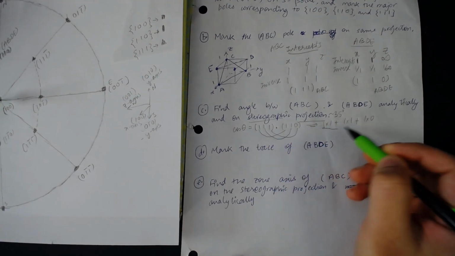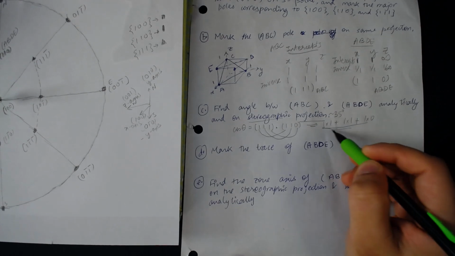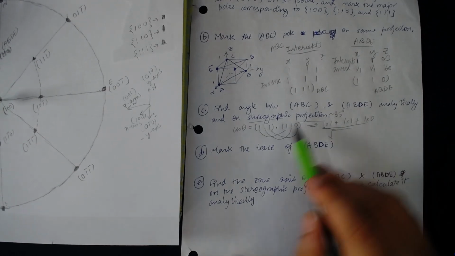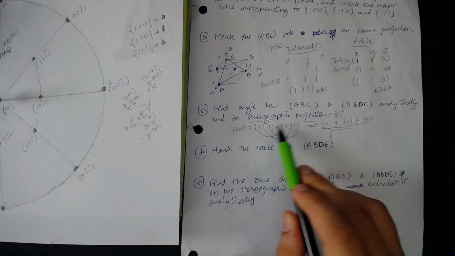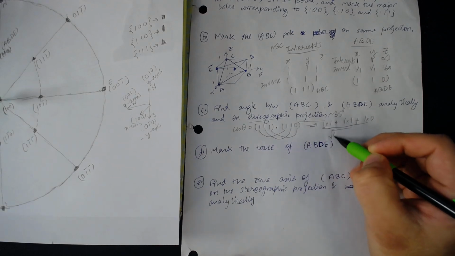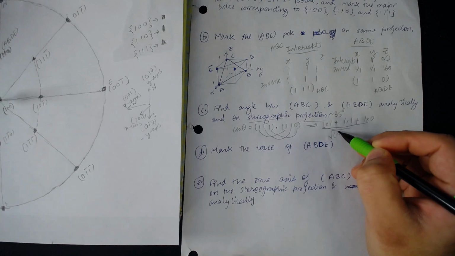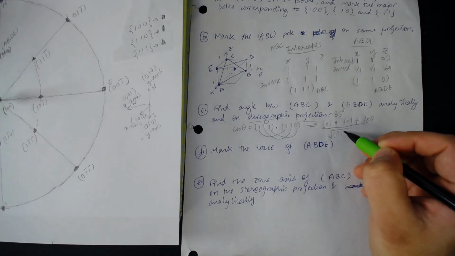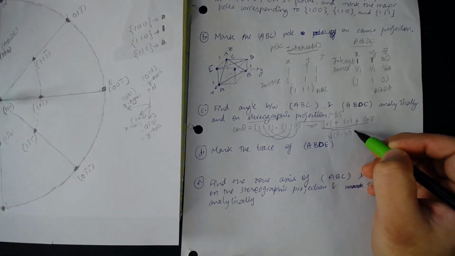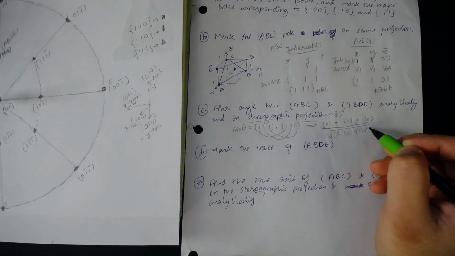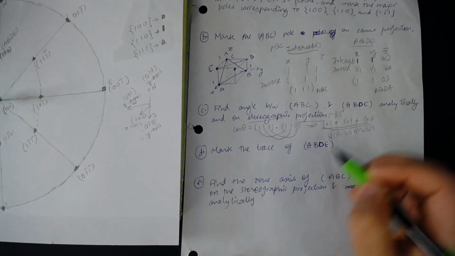And then it's divided by the magnitude of both the involved planes. So that'll be 1 squared plus 1 squared plus 1 squared, multiplied by 1 squared plus 1 squared plus 0 squared, and a whole root of that.